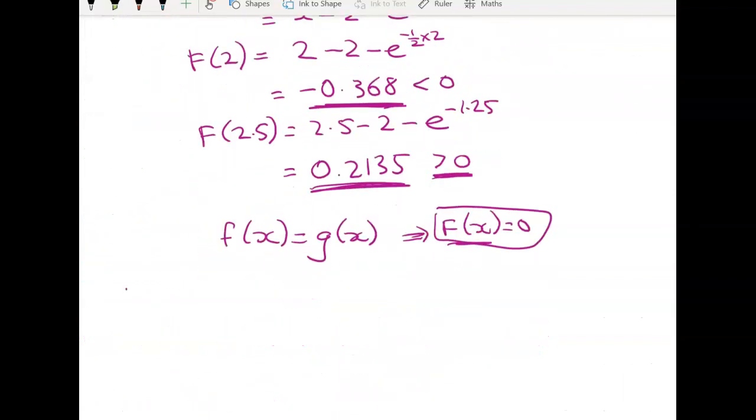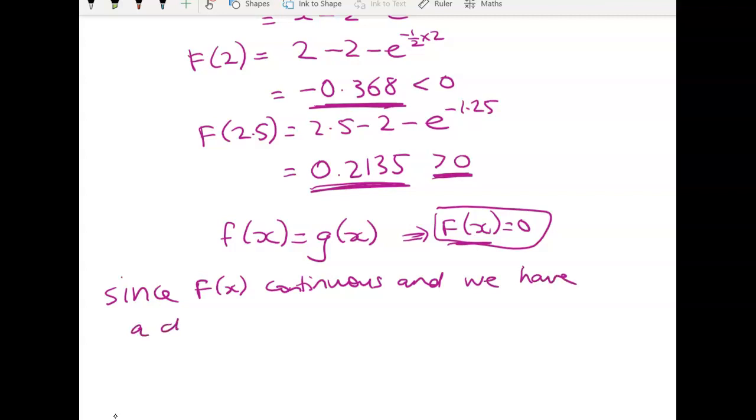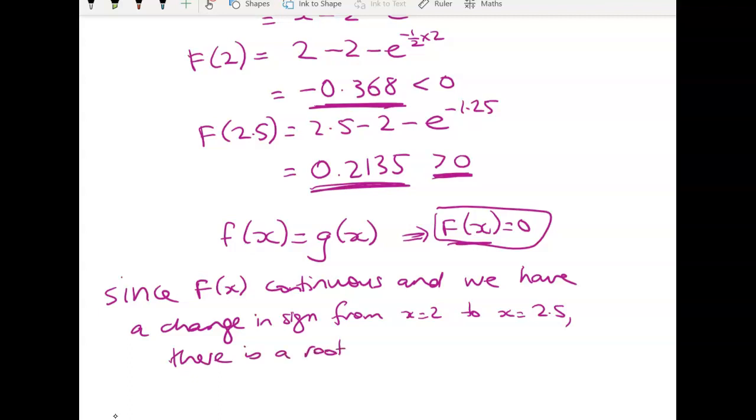So what we need to say here is, since F of x is continuous and we have a change in sign from x equals 2 to x equals 2.5, there is a root, and we'll call it alpha, between 2 and 2.5.